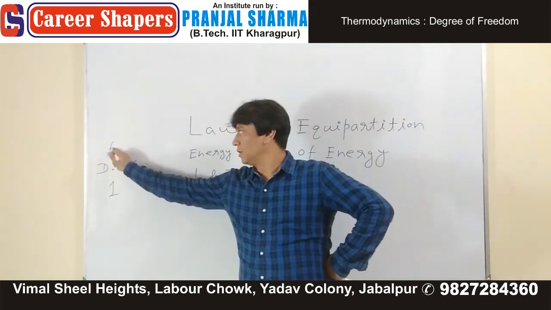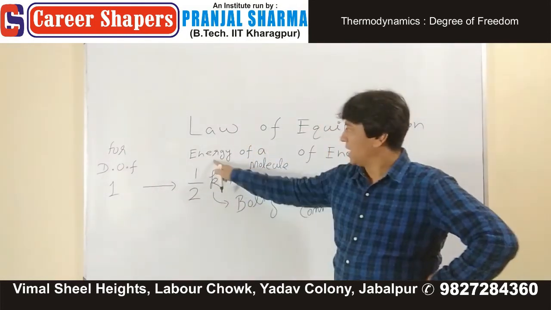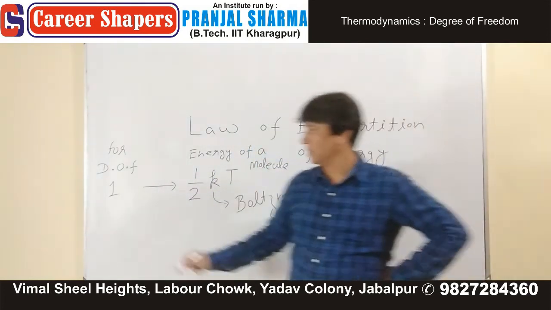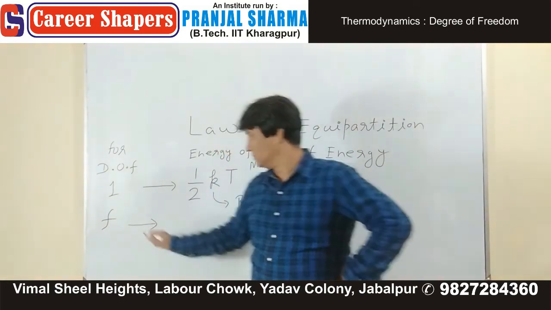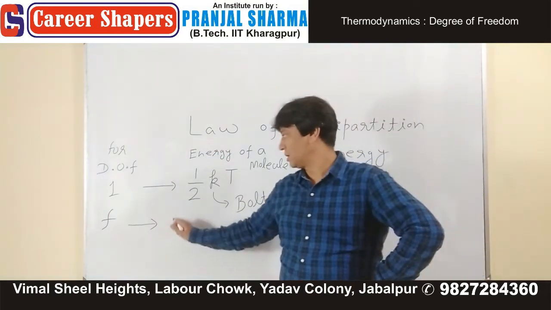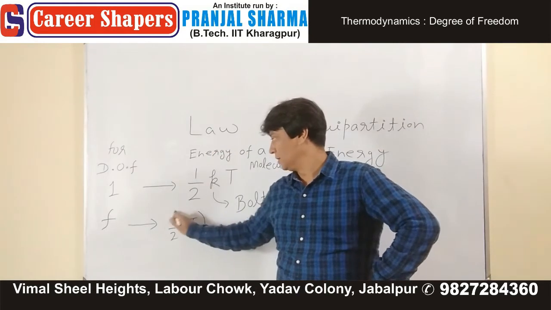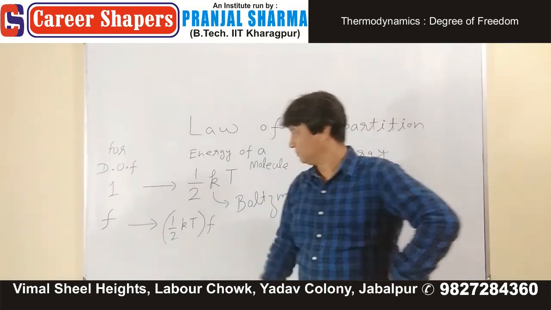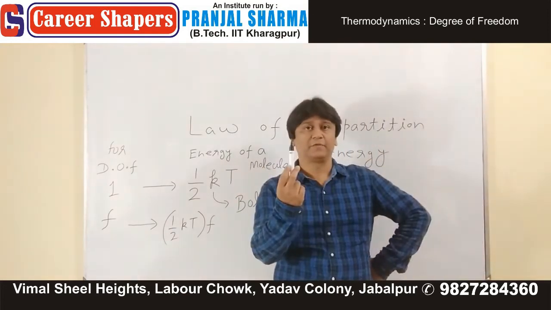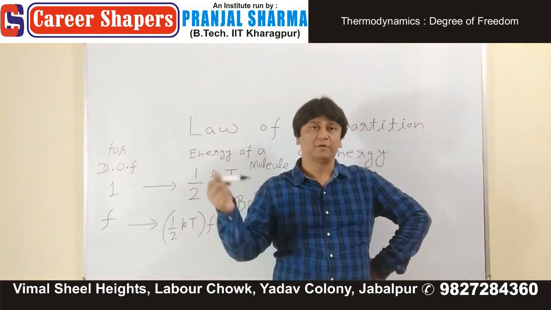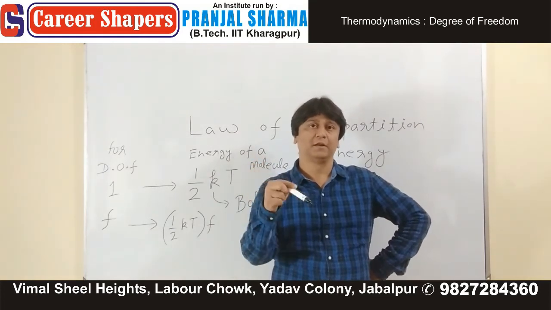For 1 degree of freedom, energy of a molecule is what? Half kT. For F degrees of freedom, energy will be what? Half kT multiplied by F. There are 3, you will say half kT, half kT, half kT. If there are 5, you're saying half kT, half kT, half kT, half kT, half kT.